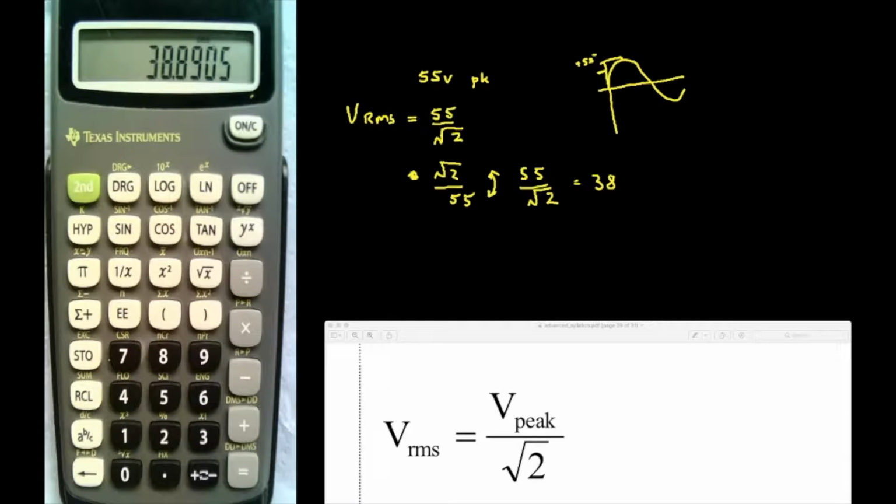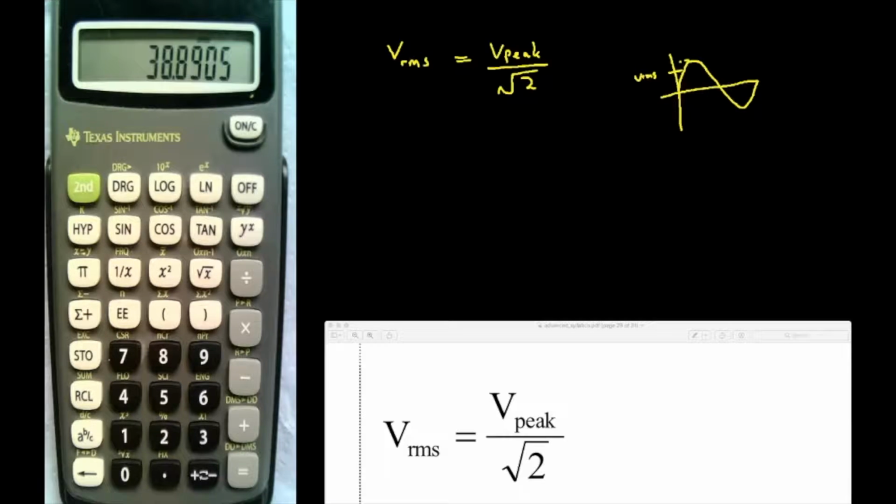Now, by now you might be getting a little bit good at algebra, if you're not already. So here we have the formula VRMS is equal to V peak divided by root 2. So what happens if you're given VRMS and asked, what is the peak value?